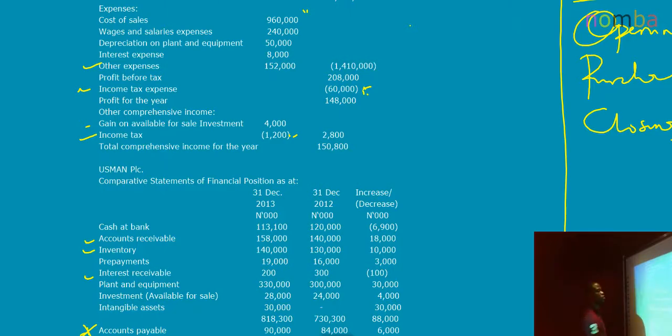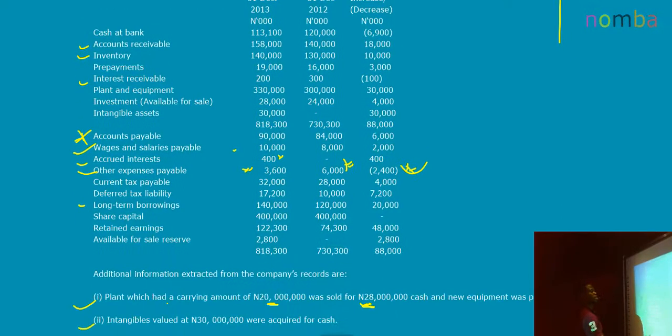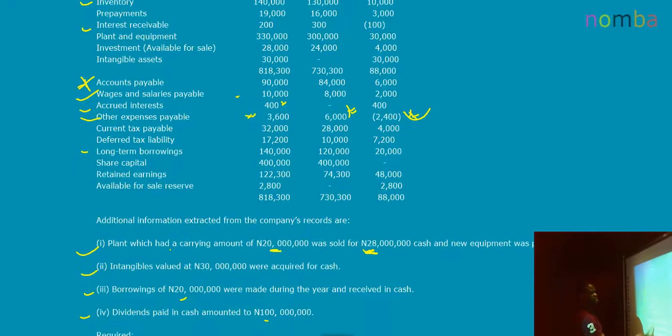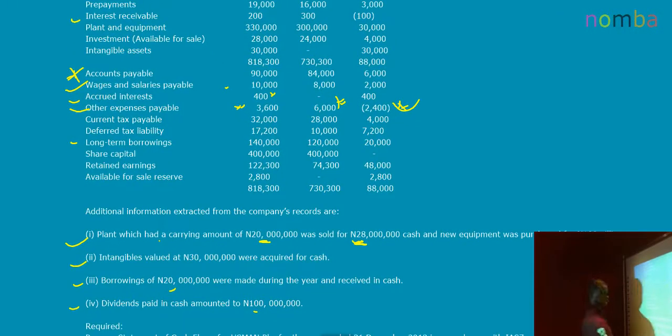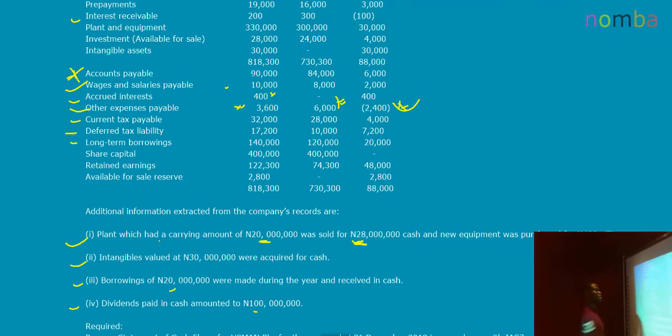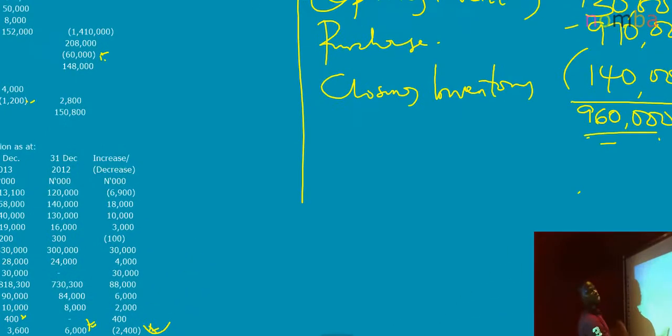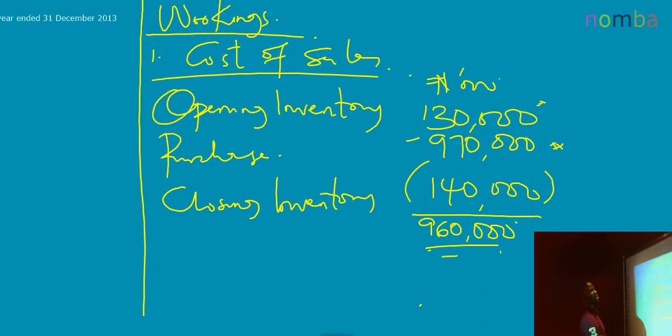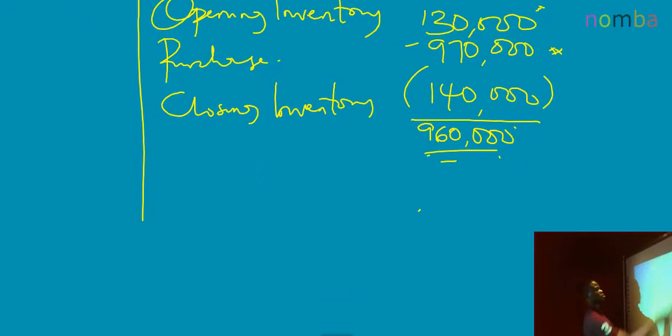To know, we will go to the statement of financial position and see if there's any current tax payable, and there is. So we're going to deal with this current tax payable as well as the deferred tax liability. We're going to look at the two at the same time.